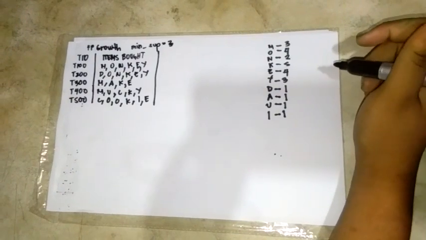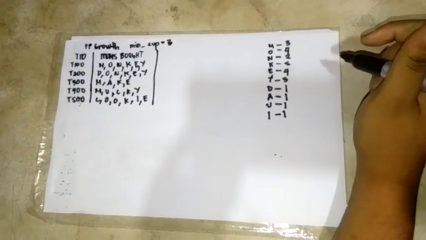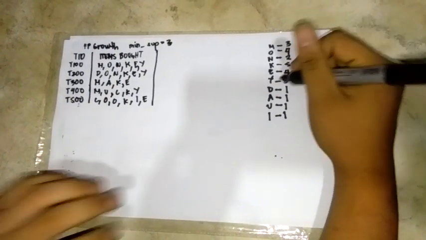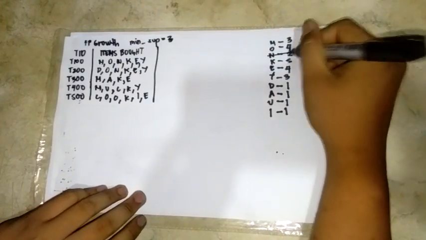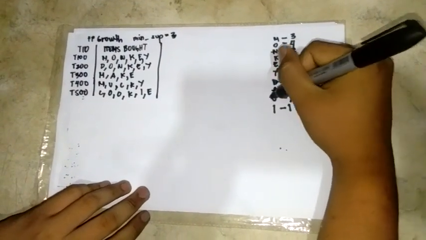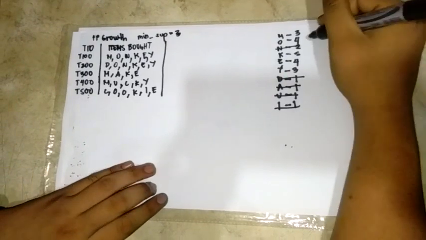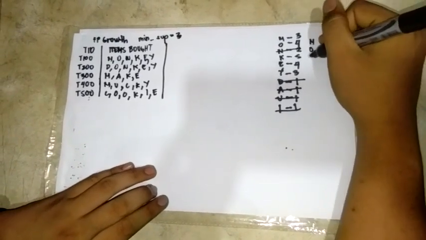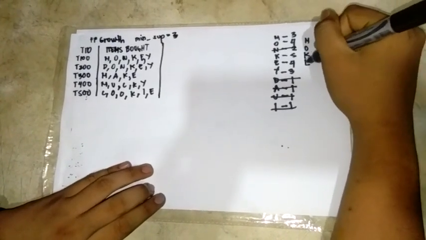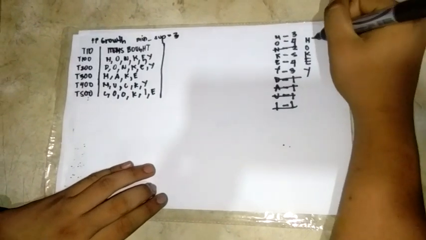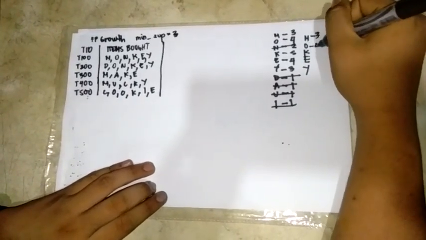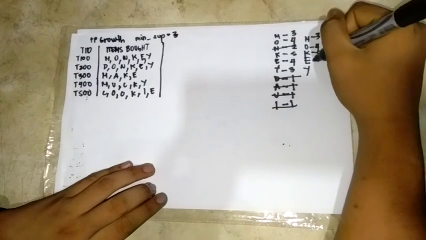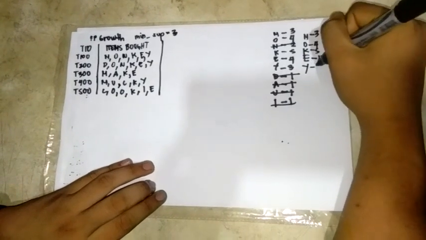So let's do pruning based on the minimum support of 3. So let's prune N, D, A, U, and I. So the frequent items are M, O, K, E, Y. M is 3, O is 4, K is 5, E is 4, Y is 3.